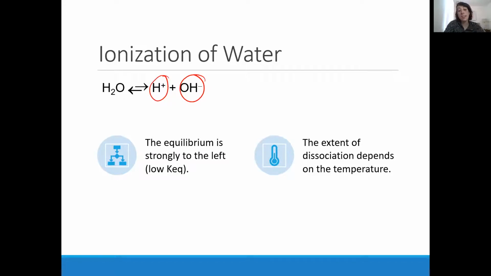The extent of this dissociation does, however, depend on the temperature, so you can drive this equilibrium more or less towards the dissociation by changing the temperature.